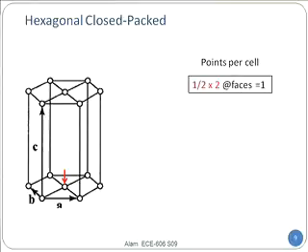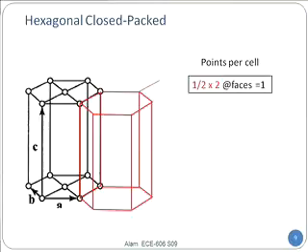Now, what about the other ones? How many do I have on the ones in the corner? Well, let's see how it looks. You will have another column like this, and let's focus on any atom, say the one where the red one is crossing.